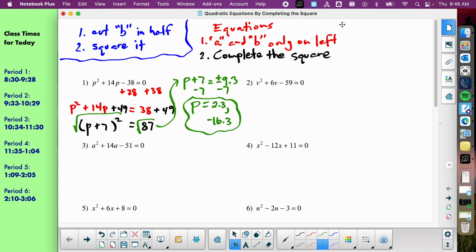I forgot to write the step up here. If you guys were writing down the steps to this, I figured I'd try to at least write them down for you, because when you make a cheat sheet, that's probably one thing you want to do. Third step is square root both sides.